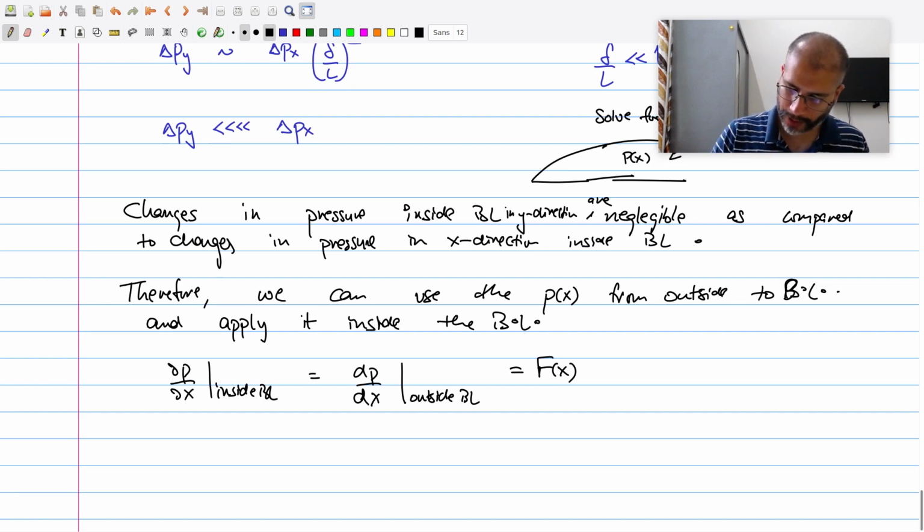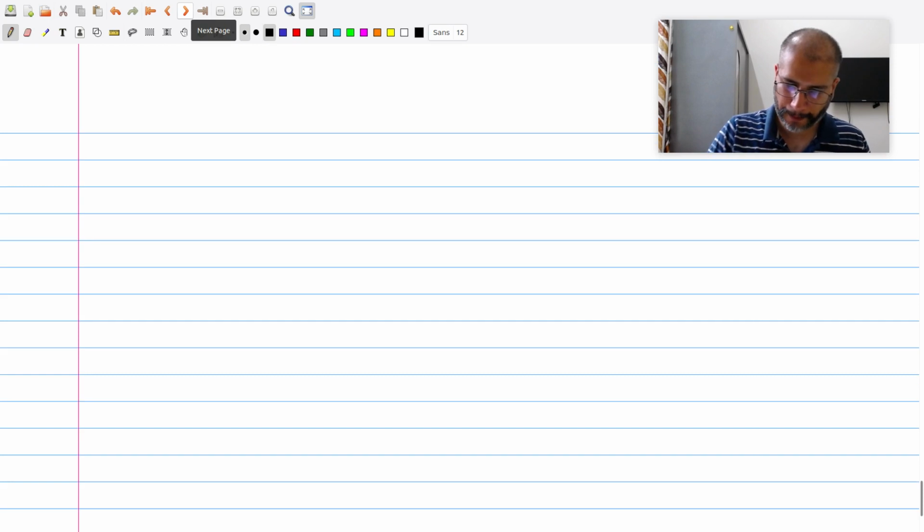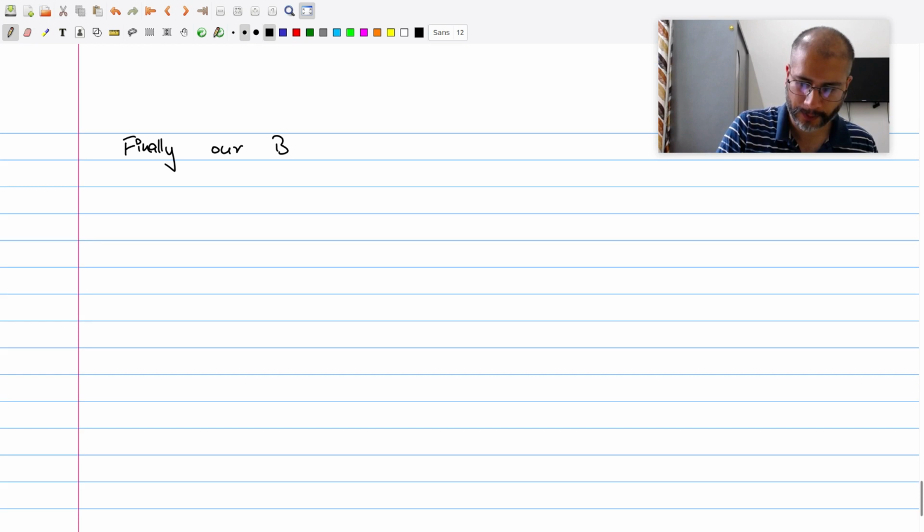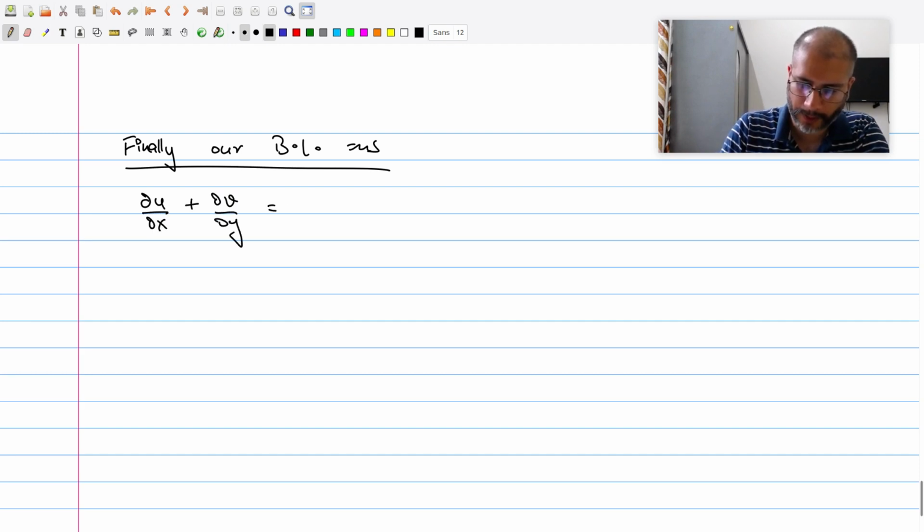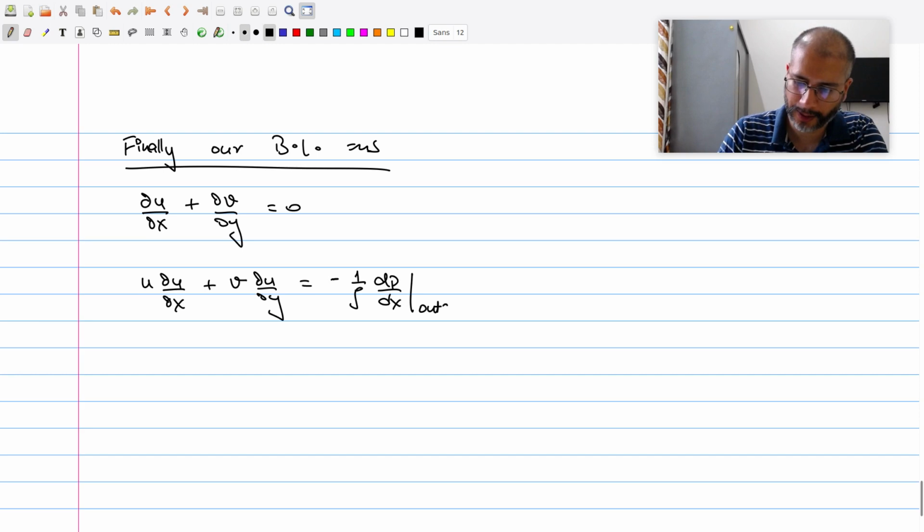Okay, so finally our boundary layer equations can now be summarized as the continuity equation that stays as it is, and the x momentum equation which still has the convective terms, but for the pressure term we get it from outside the boundary layer.